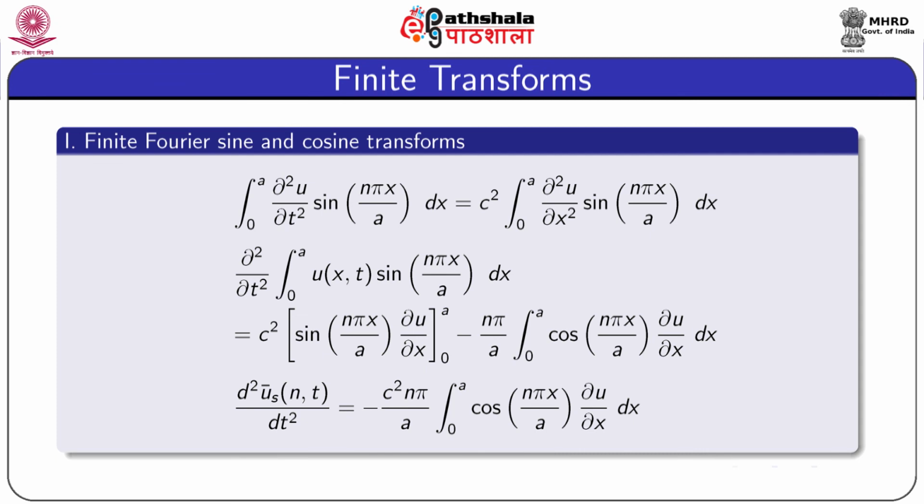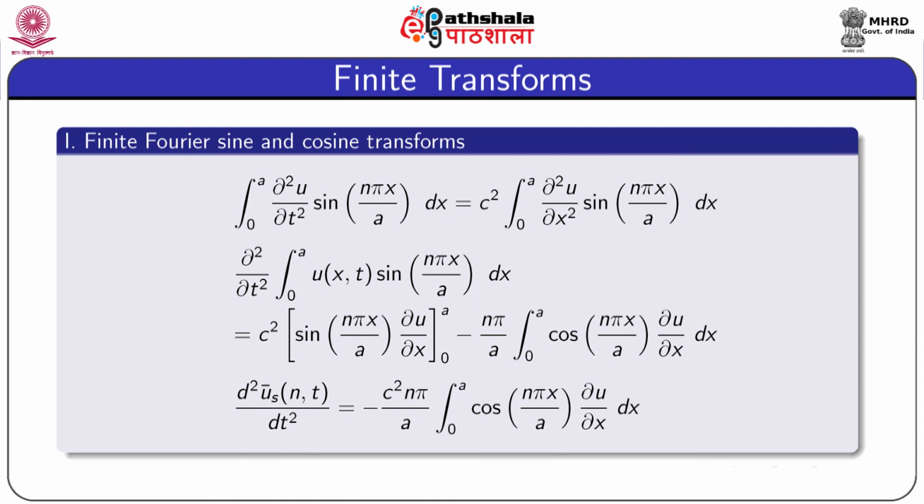On the left hand side we interchange the differential operator and the integral operator. So the left hand side is equal to del t square of integration 0 to a u sin n pi x by a dx. So this is nothing but u_s n,t.